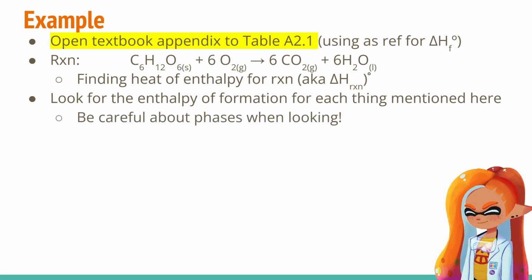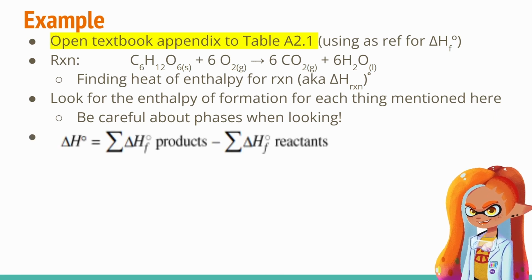And so be careful about the phases that are listed in this problem because the phases matter. If you have a different phase, you will have a different value. That's why some of these substances on that chart are going to be listed multiple times because of being a solid, liquid, gas, or dissolved in water. So that's why be very mindful of that.